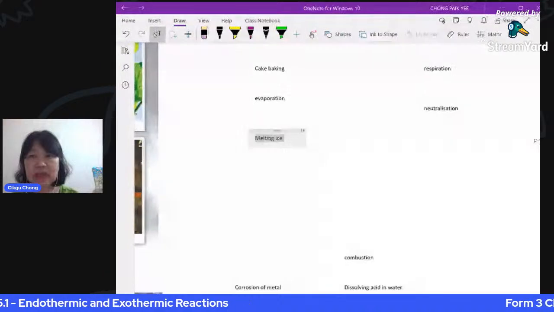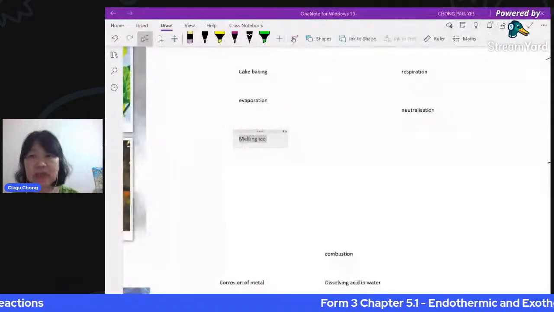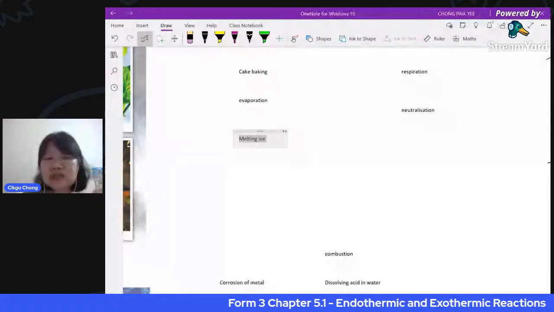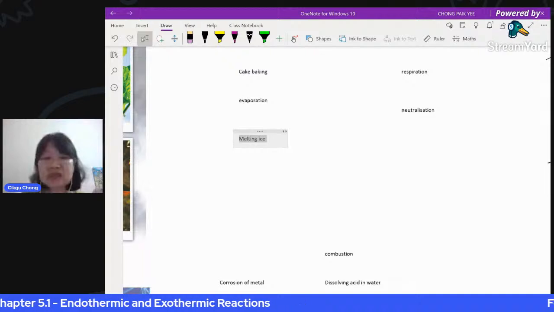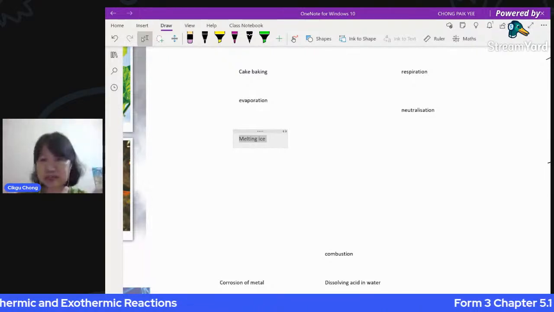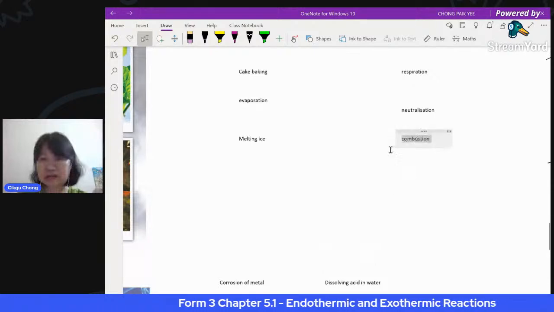Melting is endothermic, correct? So if combustion, you stand near the fire, you are absorbing the heat, so the fire is producing heat now. The fire is making heat. So combustion is exothermic. And in fact, any combustion is exothermic.